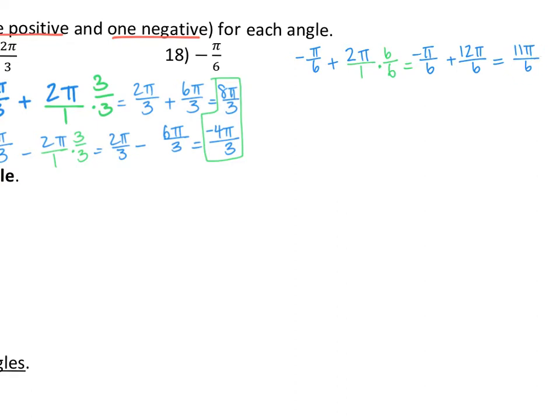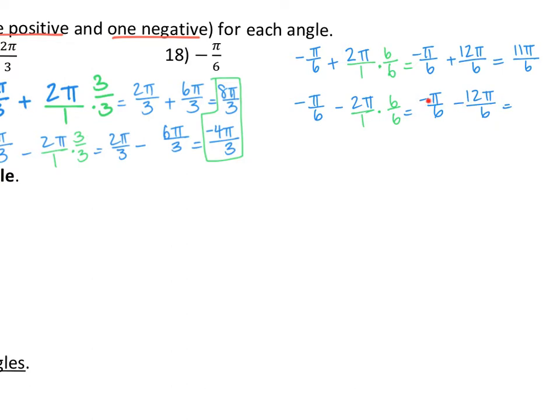Now I'm going to try to get a negative angle. So again, I'm going to take that negative pi over 6 and subtract it with 2 pi to make it a negative. So I'm going to put this over 1, multiply it by 6 to get a common denominator. So that gives me negative pi over 6 if I just carry this guy over. And then this here, negative 2 times 6 is negative 12 pi over 6.